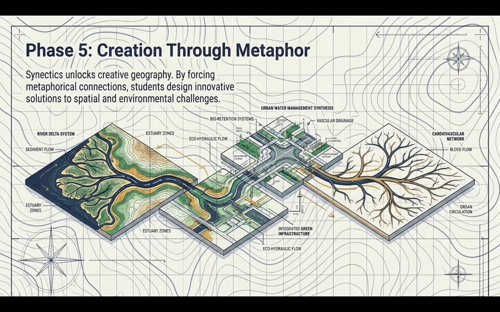For example, a river system may be compared to the human circulatory system. If the river is blocked or polluted, the surrounding environment may experience problems similar to a body with blocked blood vessels. Students may also imagine themselves as a drop of water, a tree in an urban area, or a community living in a disaster-prone location.